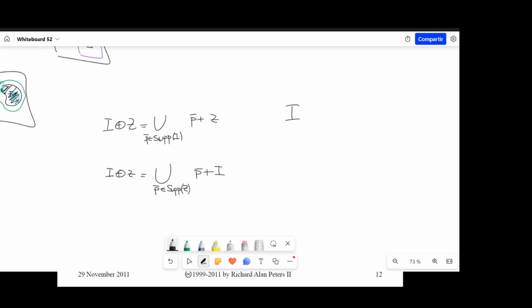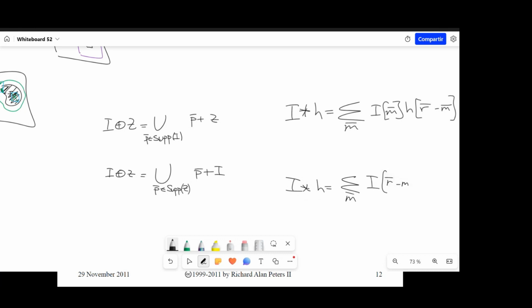I will take the sum of all points of the image I and the kernel H, and I will also write this. So this is the convolution that you are familiar with.